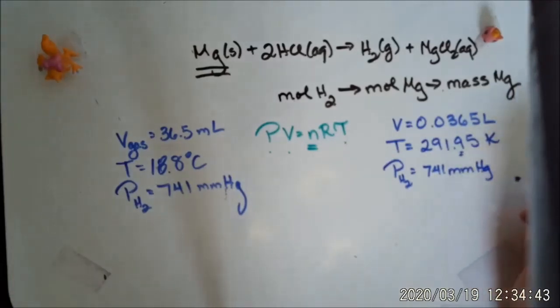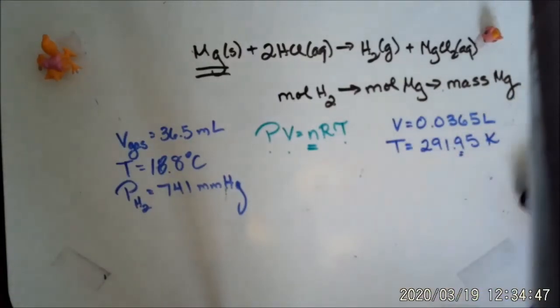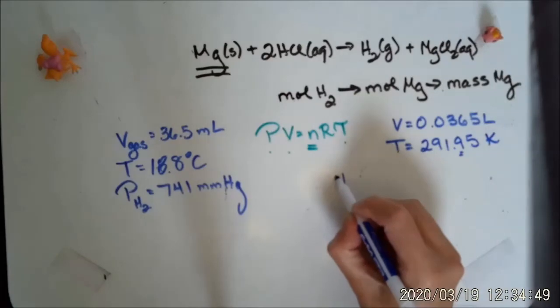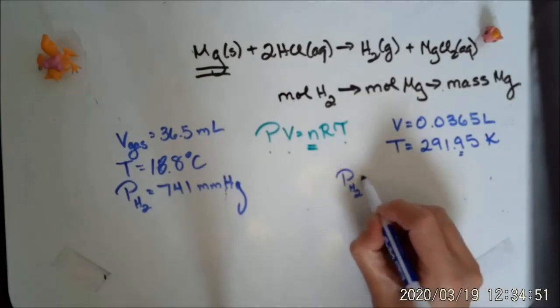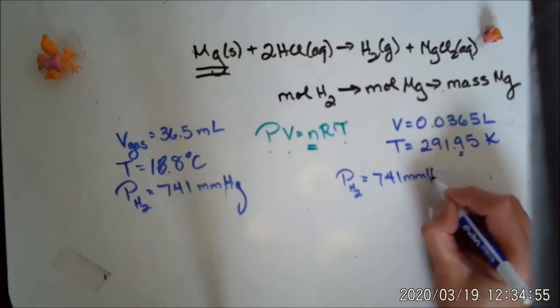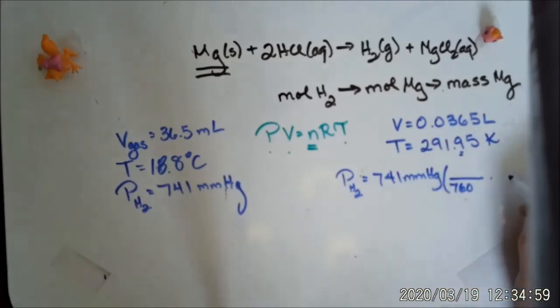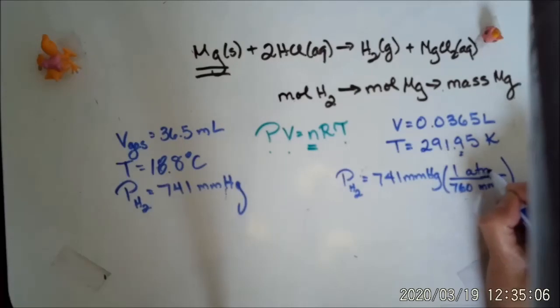Okay, the pressure, remember, it's 760. I'm going to move this over so I'm going to go off the screen. The pressure is equal to 741 millimeters mercury. And we know that for every 760 millimeters mercury, that's equivalent to 1 atmosphere.